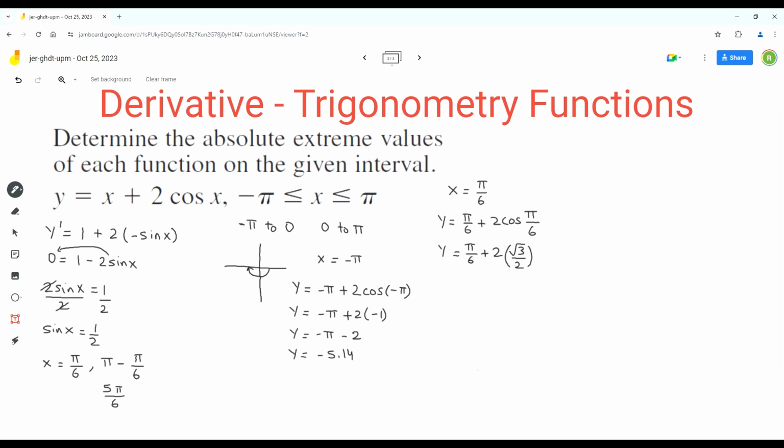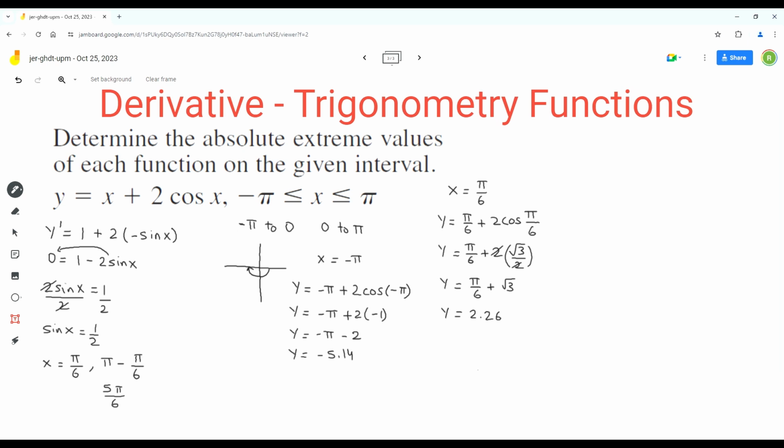And we can cancel out the 2's. Now we can add these terms, and I got 2.26. So this is the y value at x equals pi over 6.